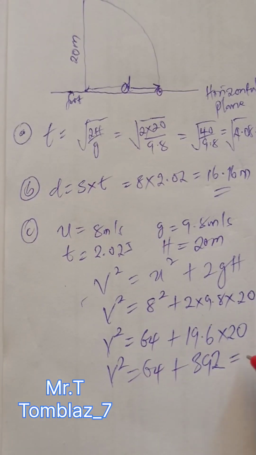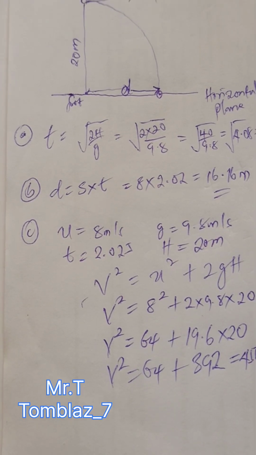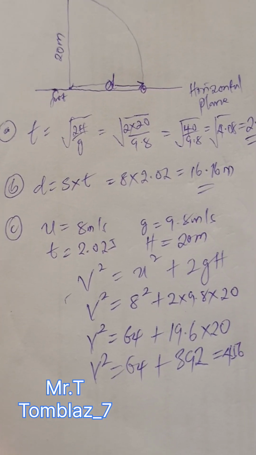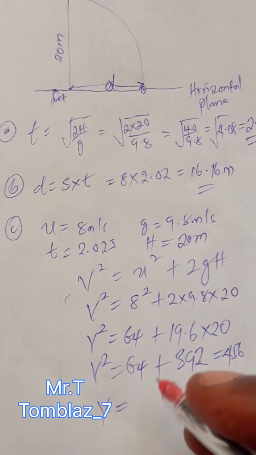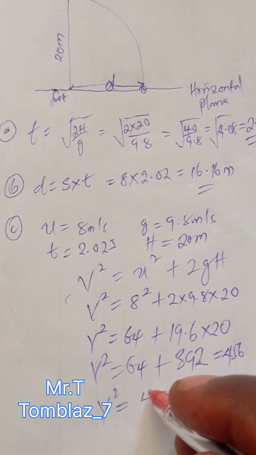So let's add up this value: 392 plus 64. So it's going to give us 456. So we got 456, right? Now v squared is 456.